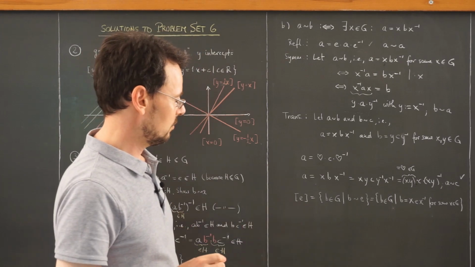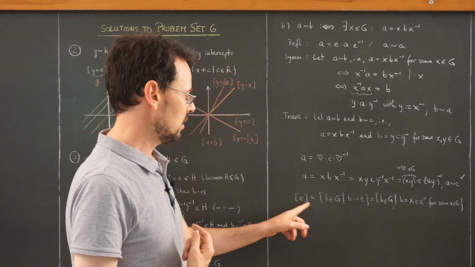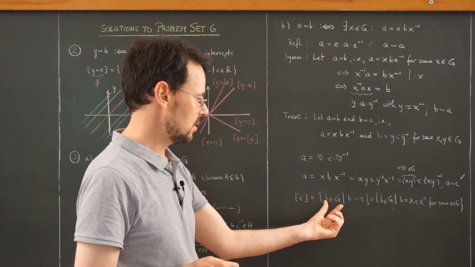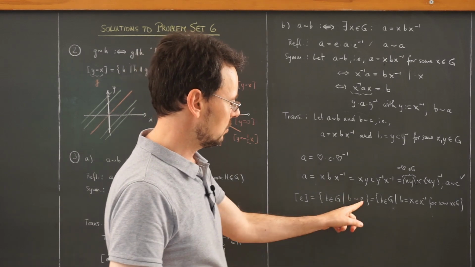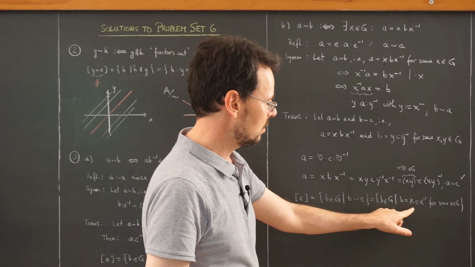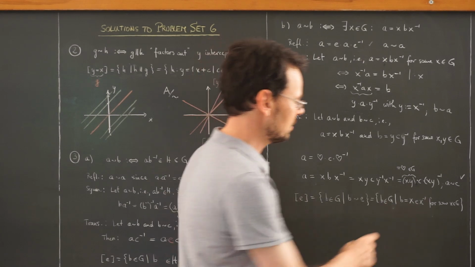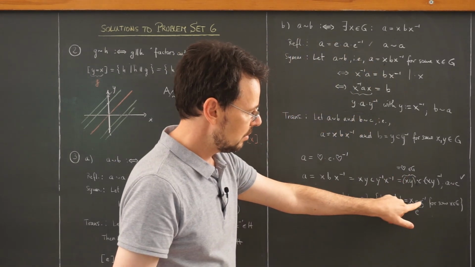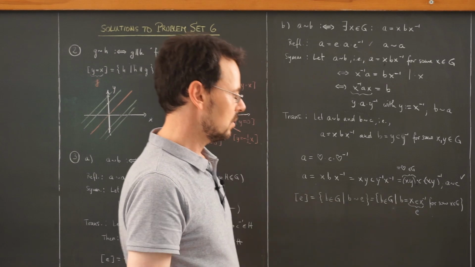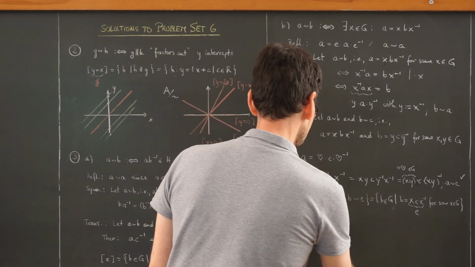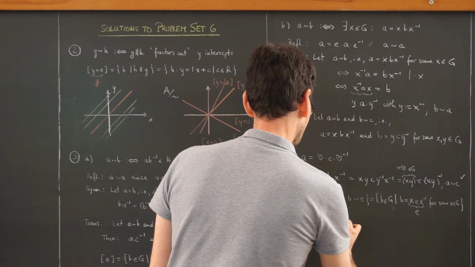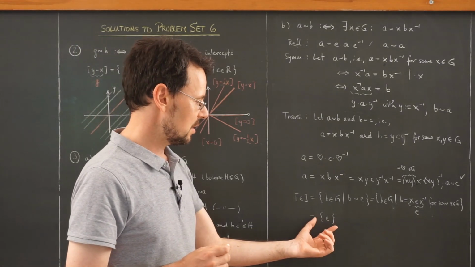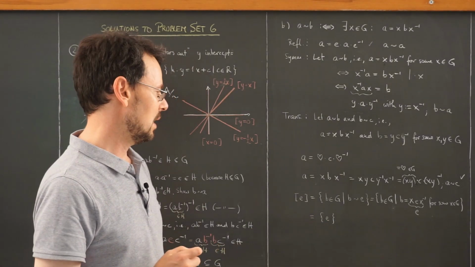So finally, we have to take a look at the equivalence class of the identity. By definition, this class consists of all elements of G that are related or equivalent to E. By definition, this means B can be written as X E X inverse for some group element X. But here I can forget about the E, so I end up with X X inverse, which is always E. So in this case, the equivalence class is the trivial subset of G consisting only of the identity.